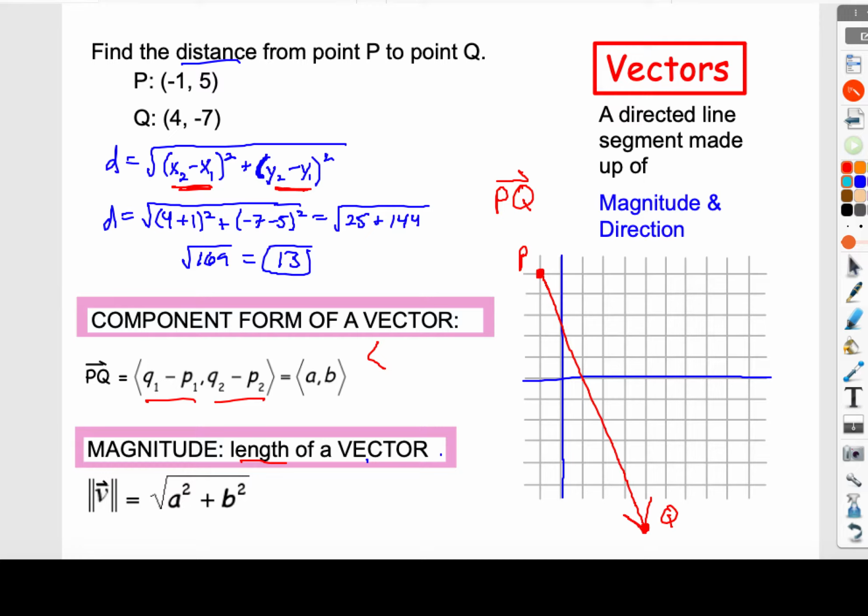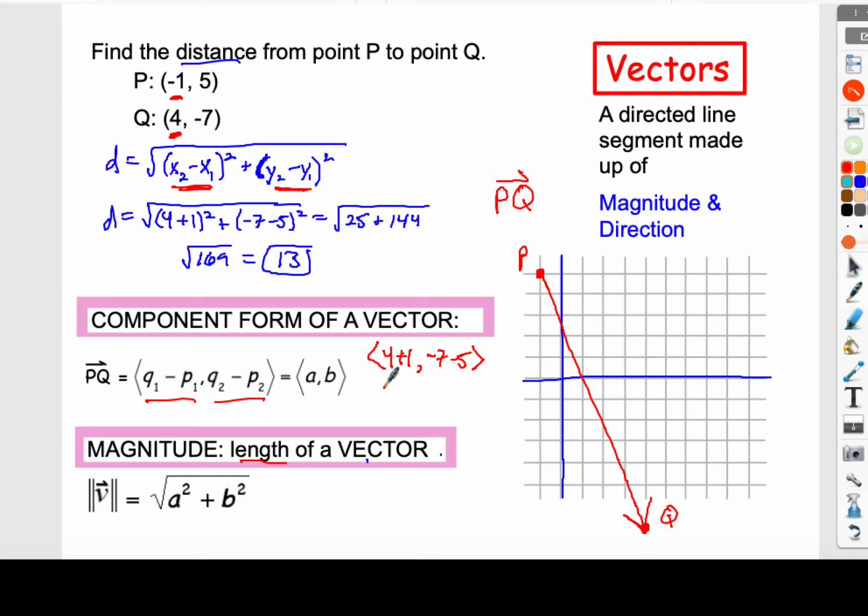And we're also saying Q minus P. Well, Q1 minus P1 would be the horizontal, the x coordinate. So 4 minus the negative 1, comma, and negative 7 minus 5. And we put this angled bracket. It's not a parenthesis. These aren't coordinate points.